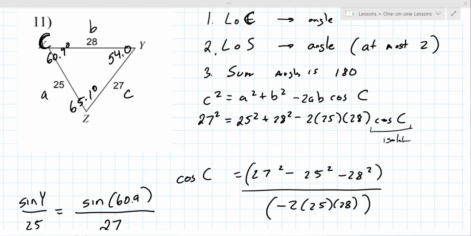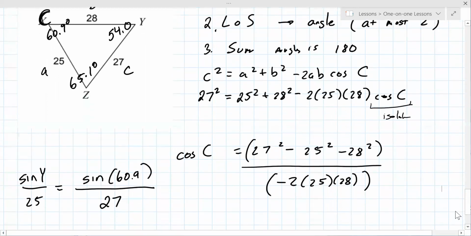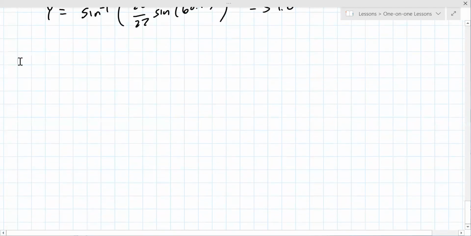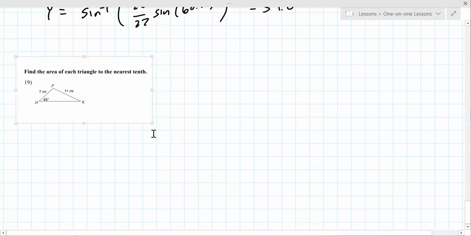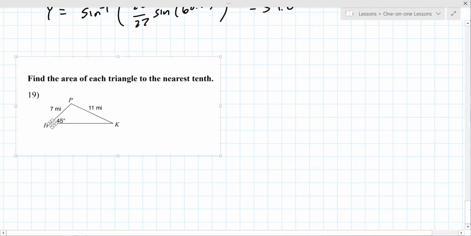Yes. Before we do that, though, let me just briefly tell you that for 19, you have to use a special formula. Let me at least write the formula down. There are actually two formulas. For the law of cosines, you're given a side, angle, side.